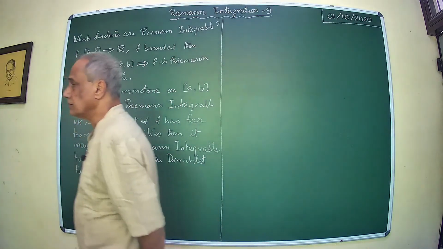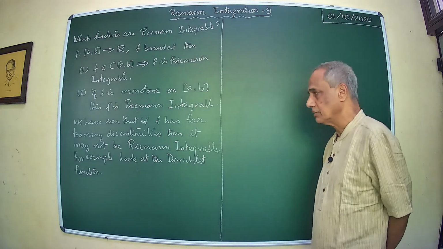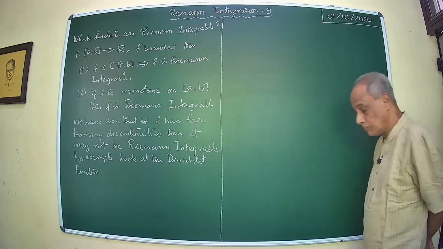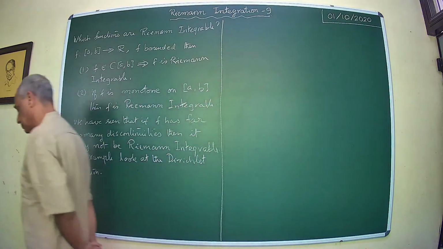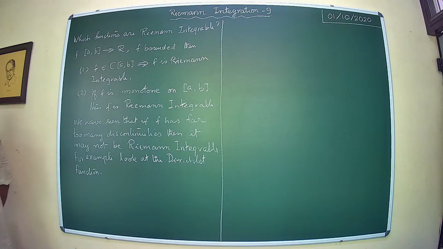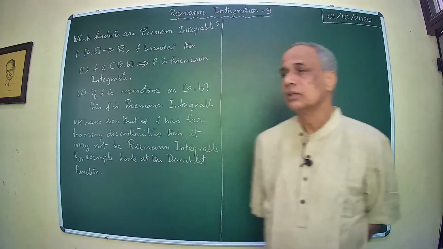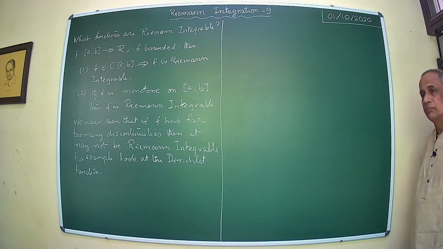Now this function is not Riemann integrable. It is a bounded function, perfectly well, but the problem is that it has discontinuities everywhere. So we have an example where, if you have far too many discontinuities, it is not amenable to the technique that we have introduced to compute the integral.